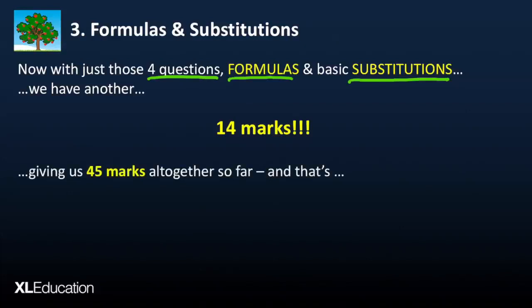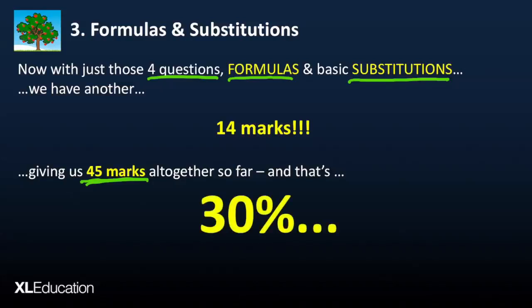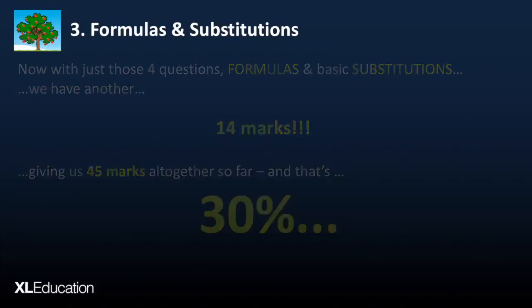Let's have a look, which is giving us 45 marks altogether from formula, the substitution, free body diagrams, plus simple definitions. One is already at 45 marks altogether. Which gives us 30% already, only for 4 questions, knowing definitions, the formula, substitution, plus free body diagrams. But that does not end there.